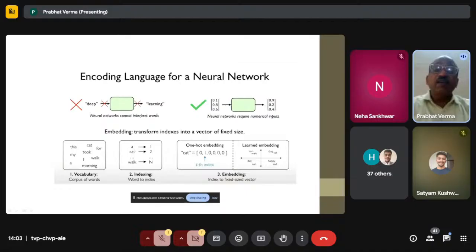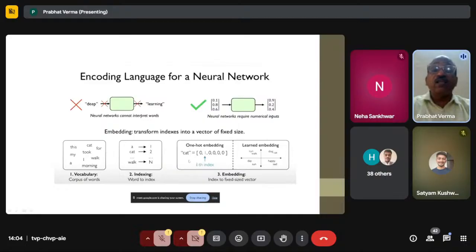Now we have fixed indexes for each word, and we can represent any word. If we want to represent cat, we enable that particular index to 1 and all other indexes to 0. Here, because cat has index 2, we have put 1 on the second index, so it is representing cat.